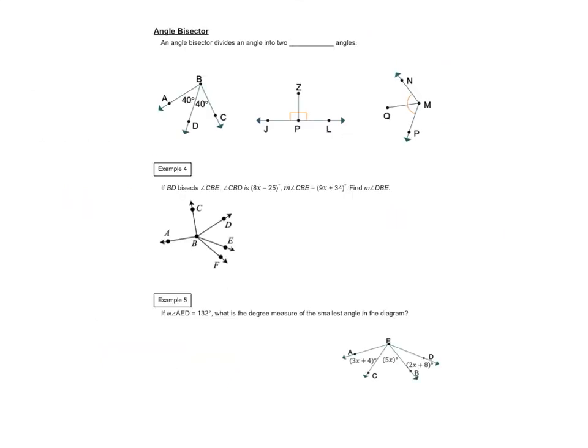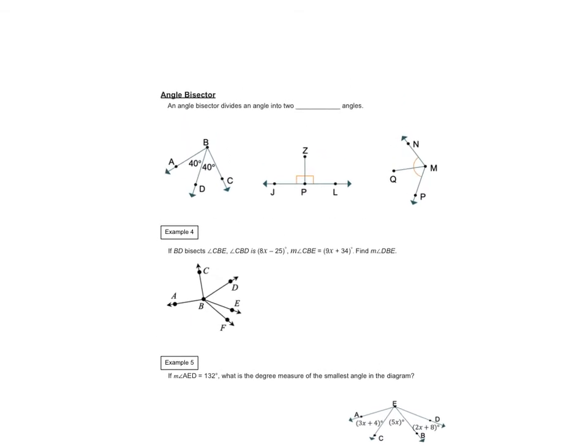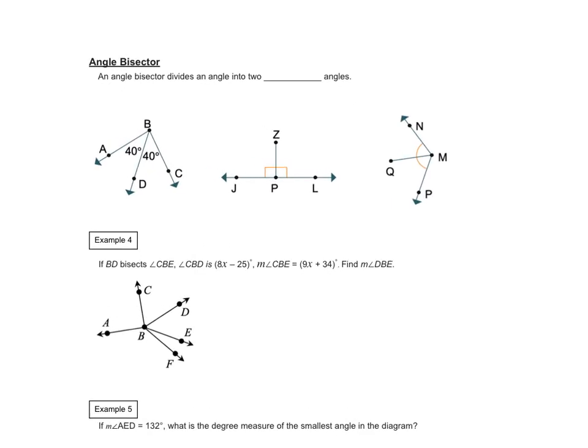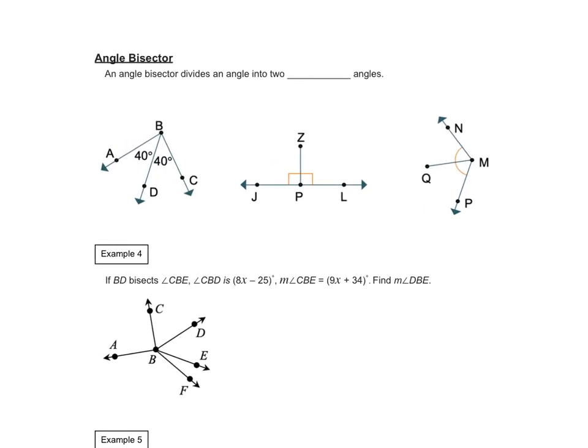Now, as we continue with these angles, remember what we talked about before as we move forward. Angle bisector: an angle bisector divides an angle into two congruent angles. Remember that the word bisect in geometry means to cut in half, right? So that's why we're making two congruent pieces of a whole.